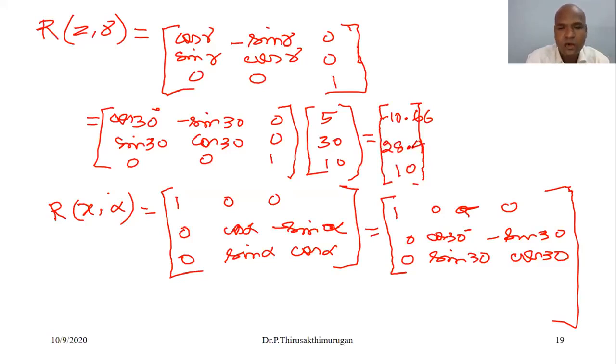10. So now, first the robo body rotates an angle of 30 degree above the Z axis. So what is the new position when it makes 30 degree above the Z axis? The original position is 5, 30, 10. Now it is displaced to the new position.